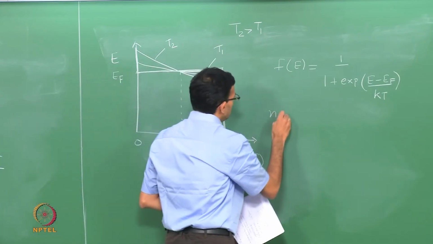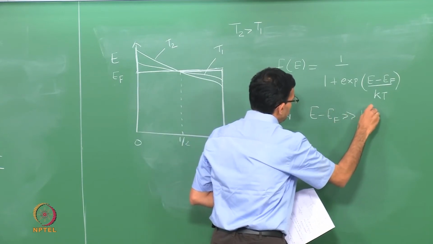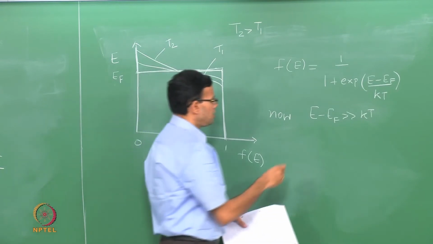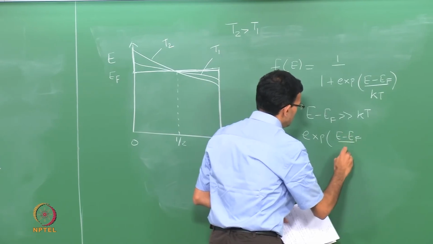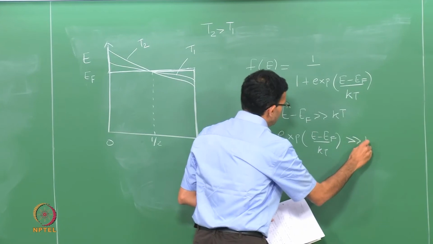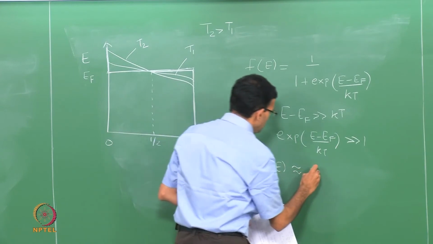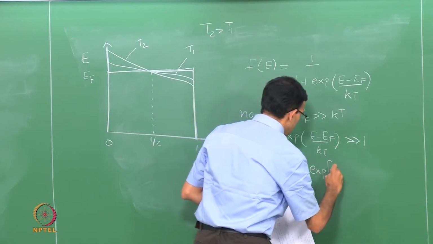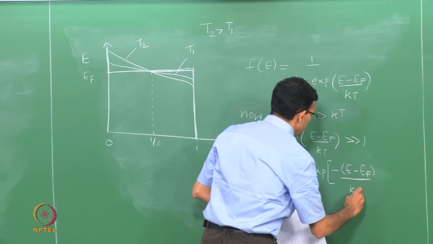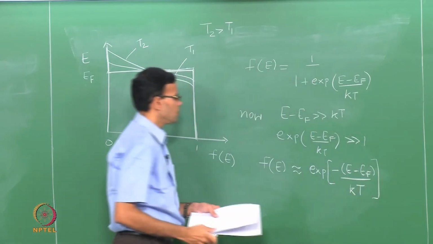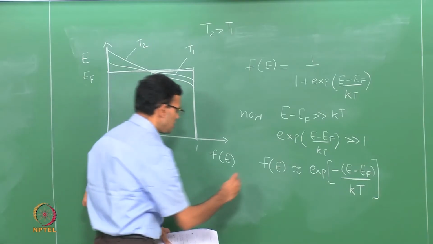Now, if E minus EF is much larger than KT, then the exponential term will be much larger than 1, in which case f of E will simplify to this expression: exponential minus E minus EF over KT, and this resembles the Boltzmann statistic.